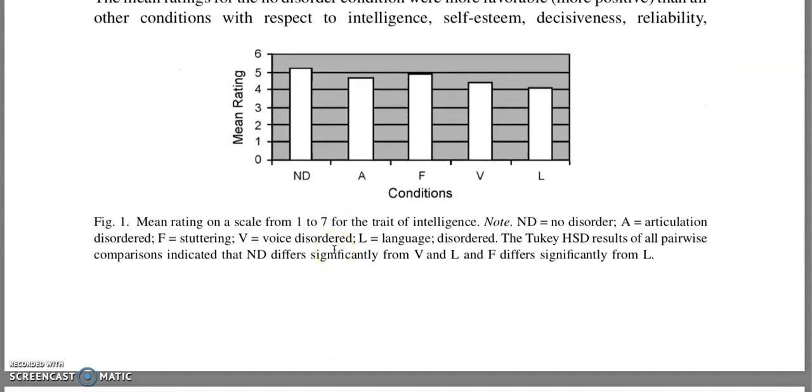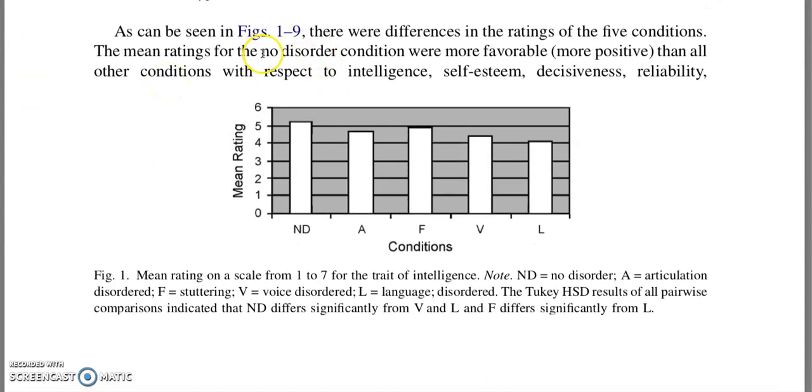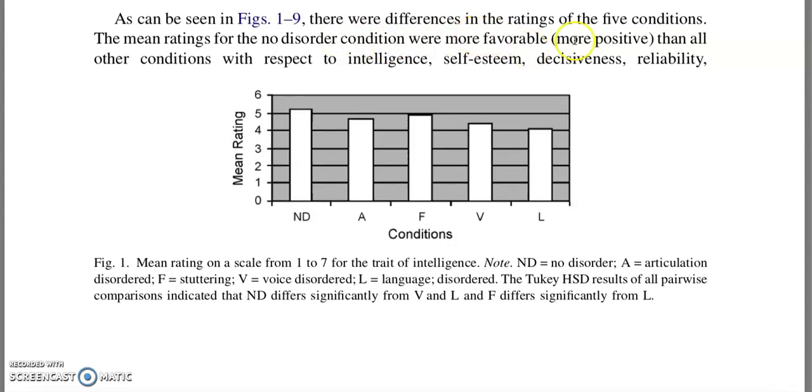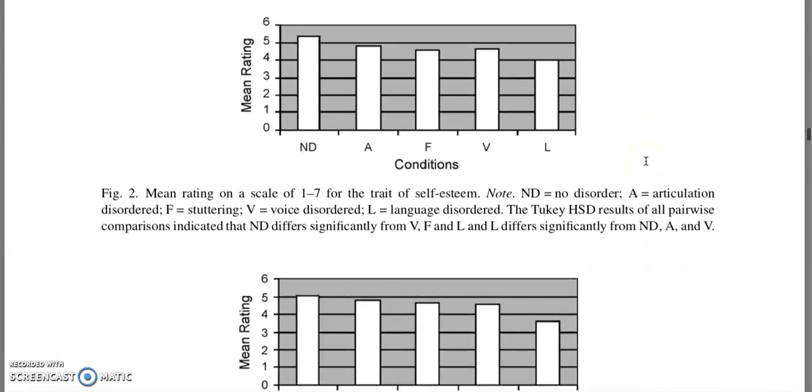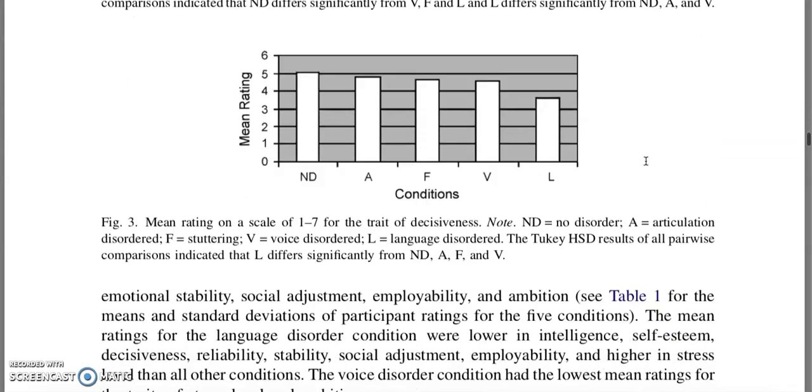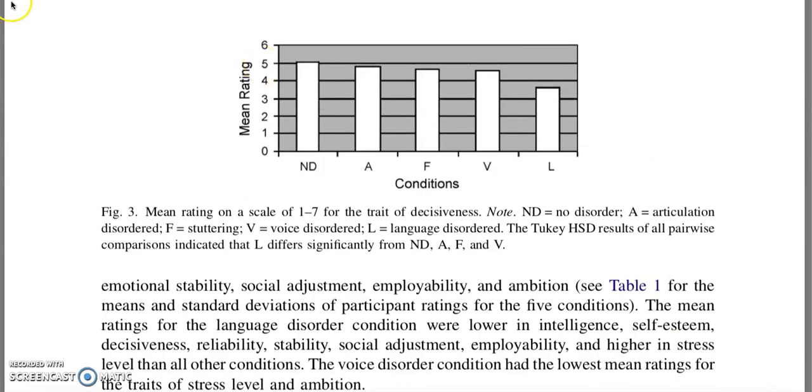So something that I think is worth mentioning is that the ratings for people who have no disorder, or the actor portraying no speech language disorder, were more favorable than all other language conditions on most of these categories that they're looking at, which I think is really interesting. And that's their big finding, I think.